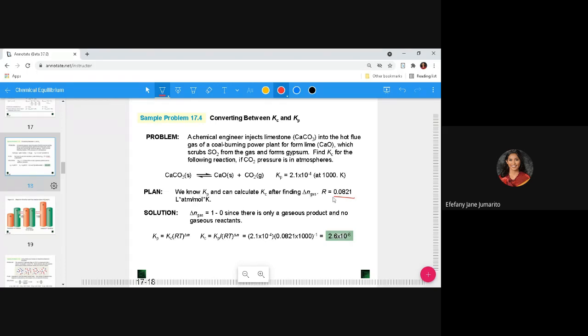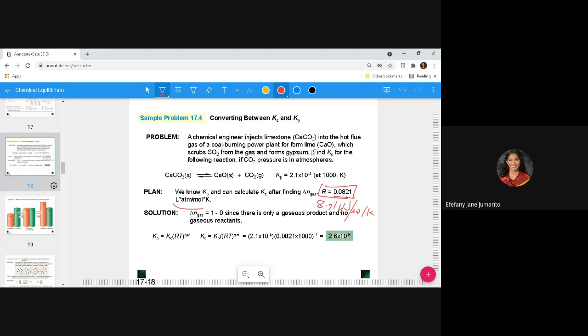So it's the same constant, class. Just that the unit there is joules per mole Kelvin, while here it is liter atmosphere per mole Kelvin. So you multiply it by a conversion factor, class.